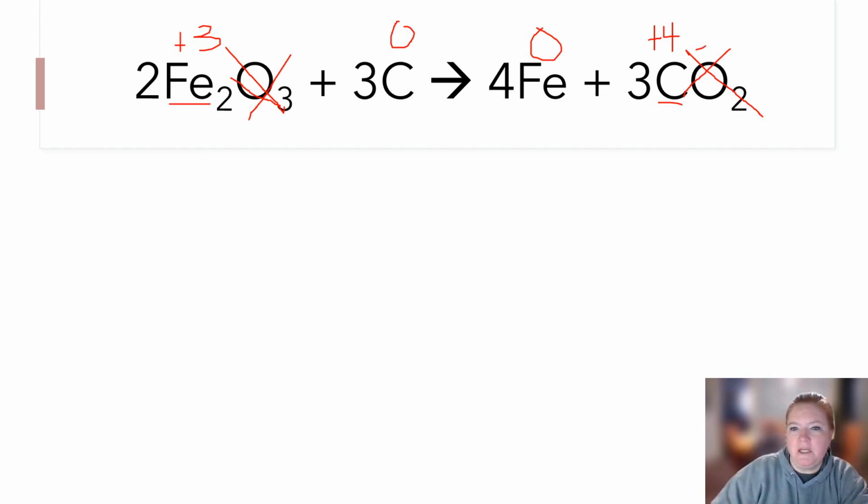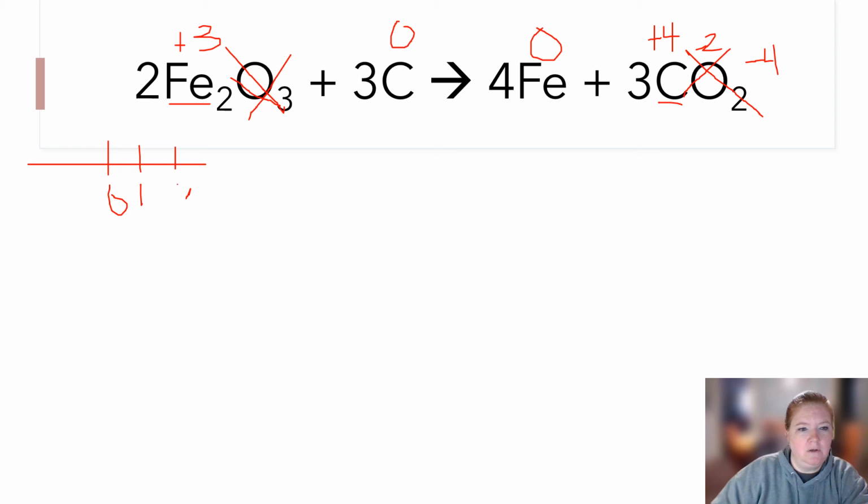Well, oxygen is -2, and there's 2 of them. So -2 times 2 is -4. So in order to balance out, that would have to be +4. I can only do this reverse crisscross when it's ionic. How do I know it's ionic? That's a metal.